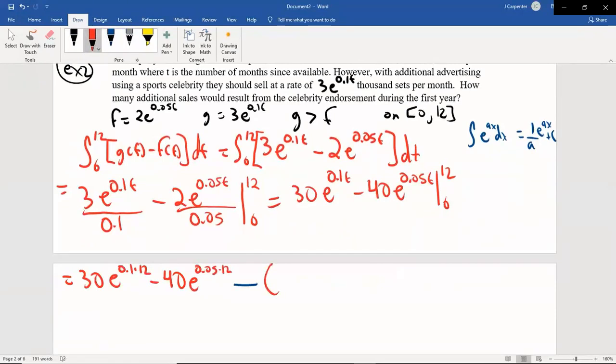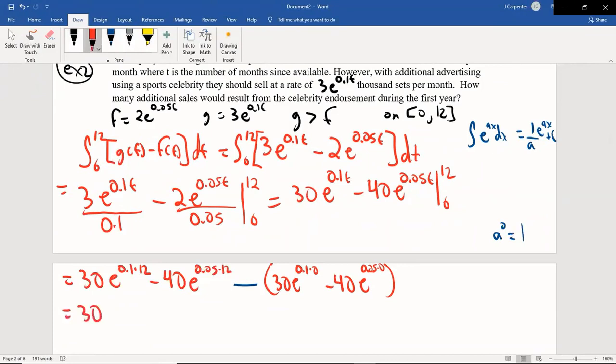There's multiple terms, so we'll definitely need parentheses. So we're plugging in 0 now, so that's 30 e to the 0.1 times 0 minus 40 e to the 0.05 times 0. Please also remember that anything raised to the 0 is equal to 1. You've got to know your rules.